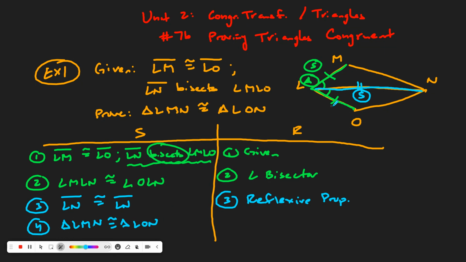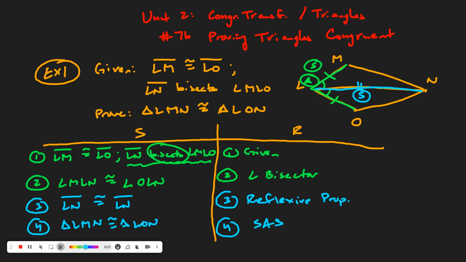And now, which way is this? Well, if you look, it involves 2 sides. And if you look at where the angle is in between those 2 sides, these 2 triangles are congruent by side, angle, side. Again, side, angle, side. And there's your first triangle congruence proof.